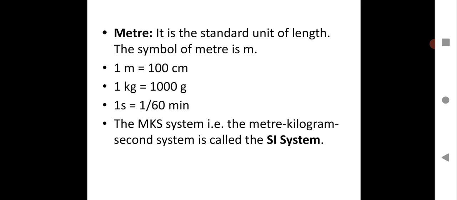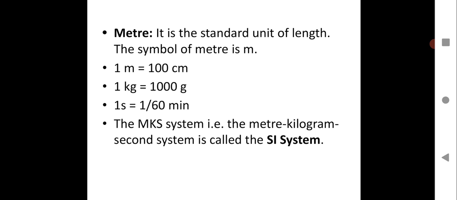SI unit means International Standard Units. That is also called MKS, that is meter kilogram second system. So in this MKS system, that is the SI or the international system, includes the measurement for the length, the weight, that means the units of the weight, that is in kilogram, and time in second.